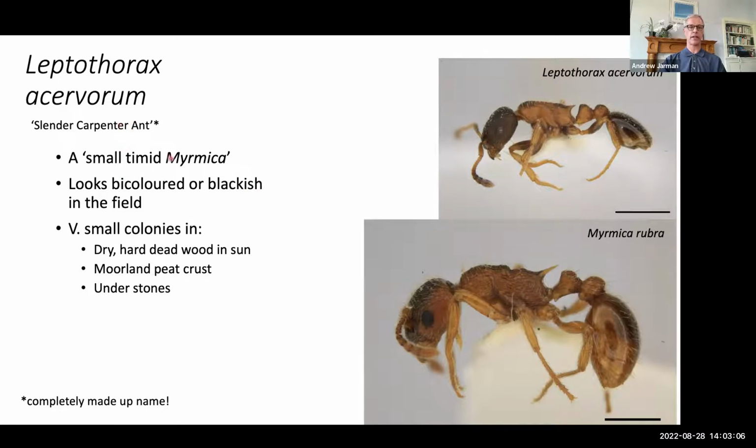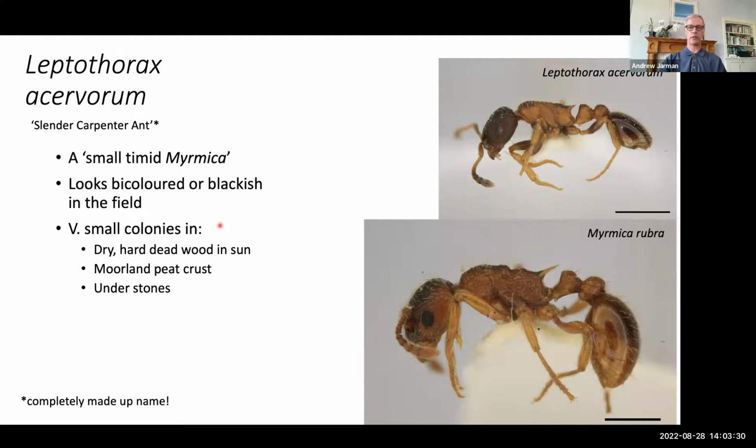So I've called it the slender carpenter ant because quintessentially, it will nest in dry, hard, dead wood. Sun-exposed, dry, hard, dead wood, so never in shade, really, just in the sun. And that's important because some Myrmica species will live in very rotten, damp, dead wood in the shade. So Myrmica ruginodis will often do that within woods.